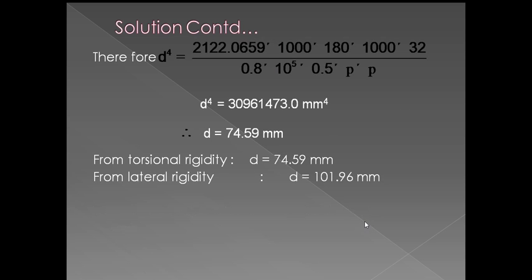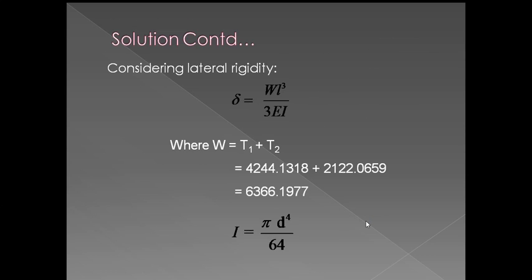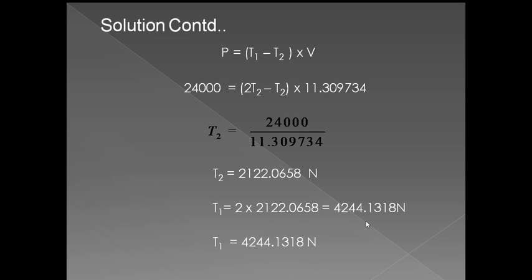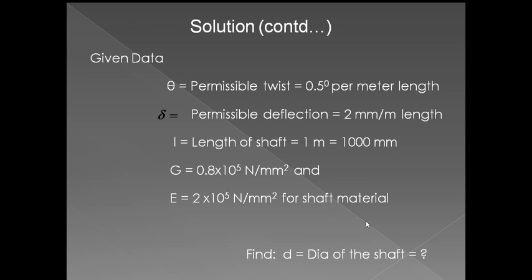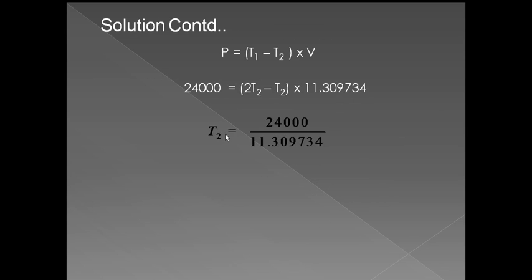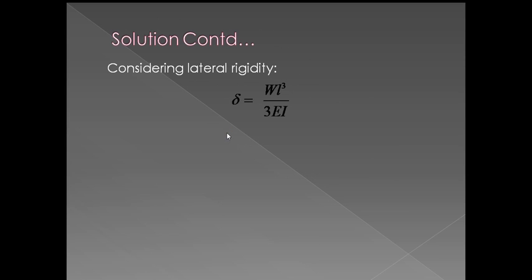So we can find the diameter of the shaft in both cases, using lateral rigidity and torsional rigidity, when both the angle of twist and deflection are given. In any case, the maximum diameter should be the applicable diameter, that is the safer diameter. In this way we can find the diameter of the shaft in both the cases.